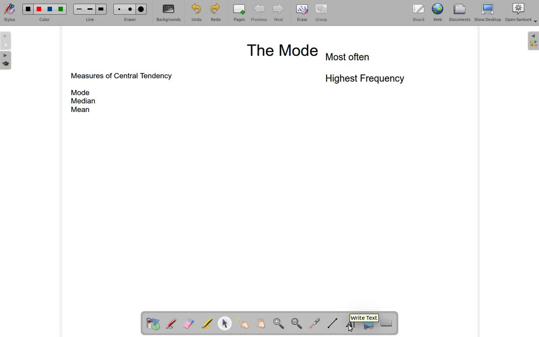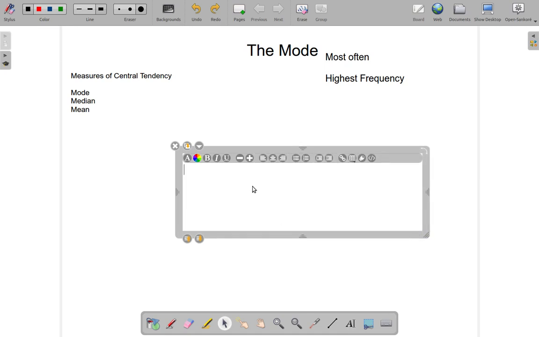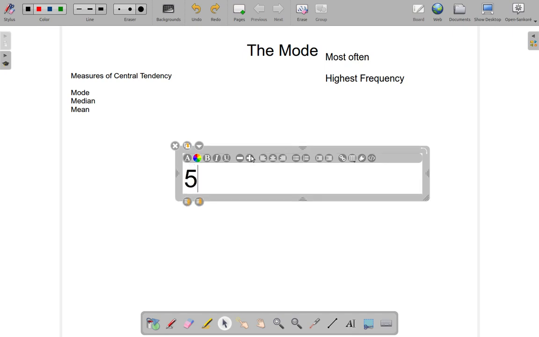Suppose you have some numbers. I want to find the mode of a particular distribution. And these are the numbers that we are dealing with. We have 5. I want my numbers to be a bit larger. 2, 17, 15, 8.